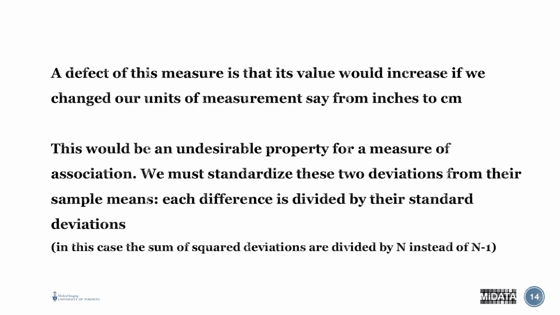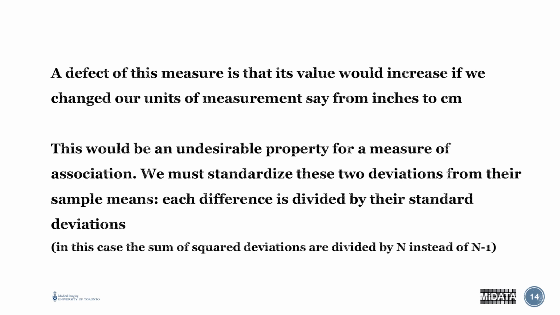Now, unfortunately, there's still a bit of a problem. A defect in this measure is that its value would increase if we changed our units of measurement, say from inches to centimeters. And this would be a problem for our measure of association.